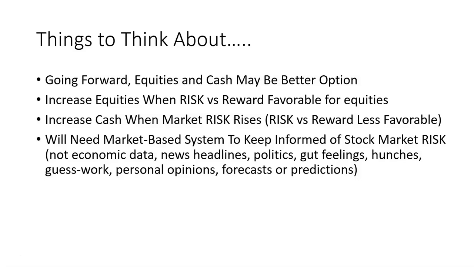It's not going to work if you try to use economic data, news headlines, politics, gut feelings, hunches, guesswork, personal opinions, forecasts, or predictions, regardless of where those forecasts or predictions come from, okay? You cannot use economic data to manage money this way, guys. It just doesn't work, all right? You're going to need a market-based system to keep you informed of stock market risk.